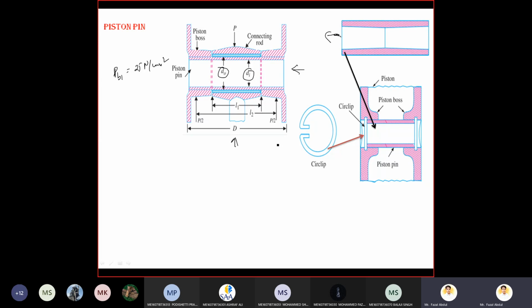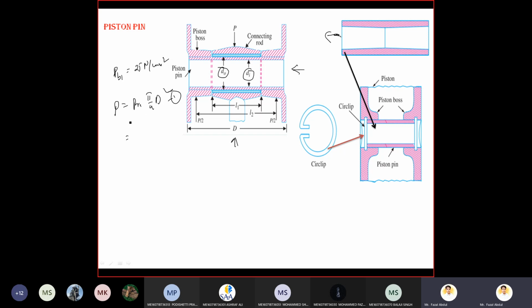Now see here, the load generated on the piston's head is going to be distributed to the piston pin. How much? P is equal to pressure into pi by 4 into d square. Okay, this is the first equation. Now bearing pressure is generated at the piston pin because of the connecting rod.